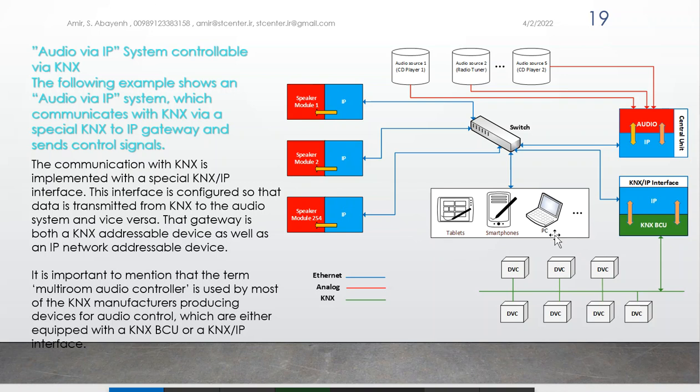Also here in this system we have the KNX IP interface connected to the switch, also the PC and so on connected to the switch. The central unit from the IP side is connected to the switch, and from the audio side is connected to the audio sources. But the speaker has an IP interface, and through the IP is connected to the switch.